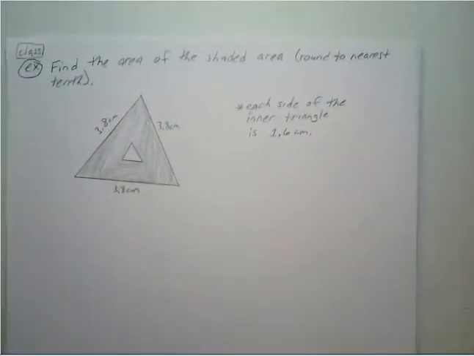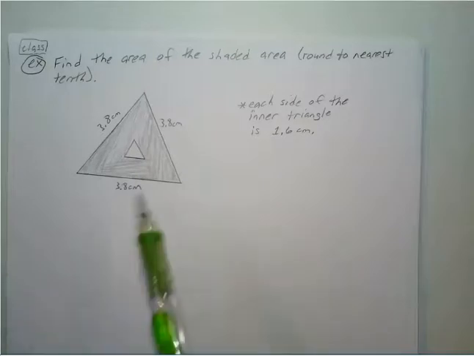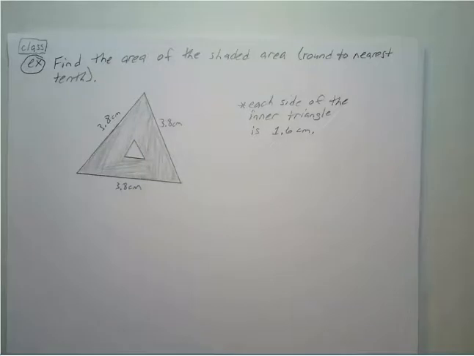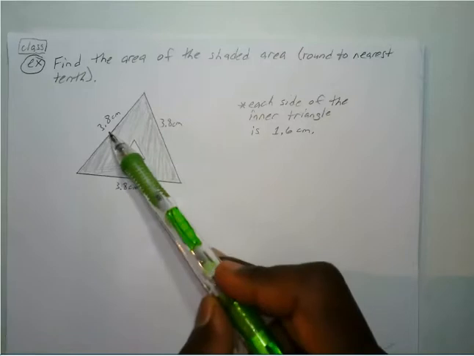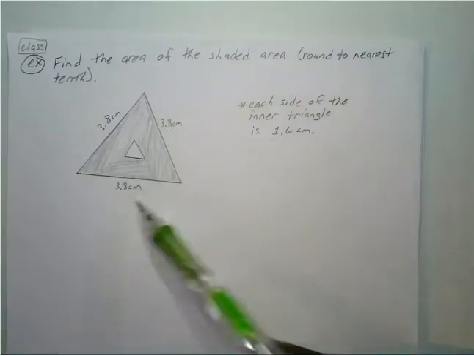All right, now for this example, I want you to find the area of the shaded region. Okay, you want to round that to the nearest tenth. Before you get started, remember, each side of the outer triangle is 3.8 centimeters.